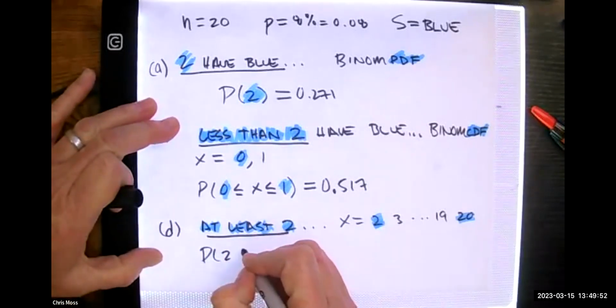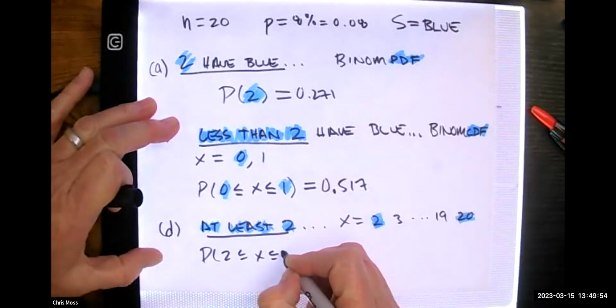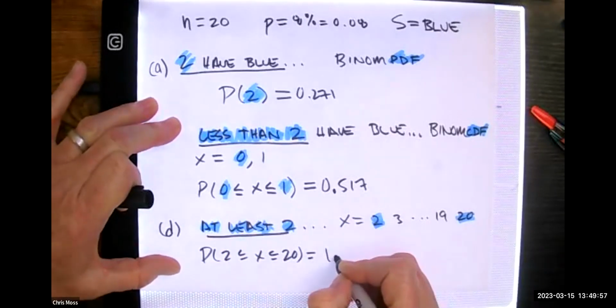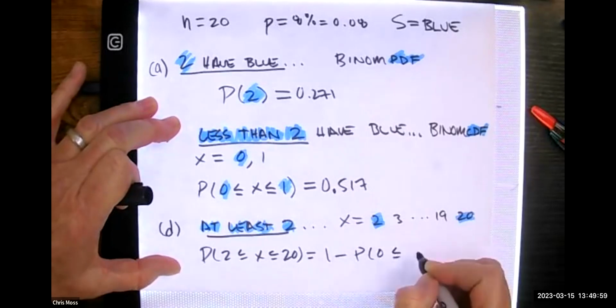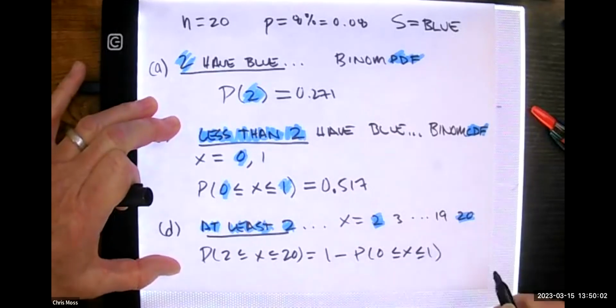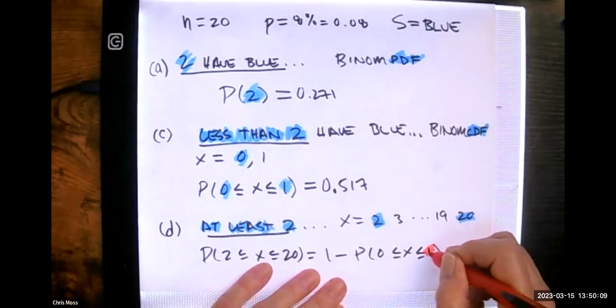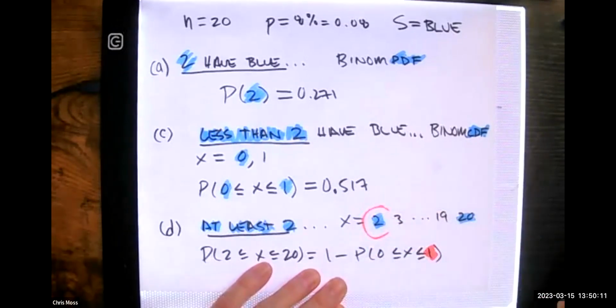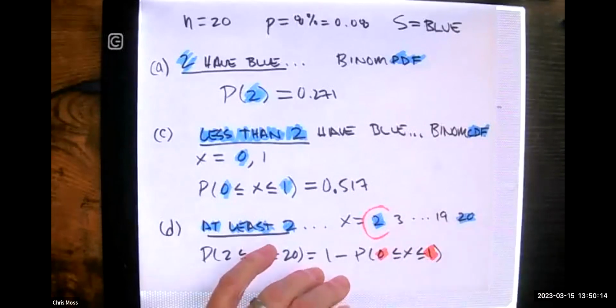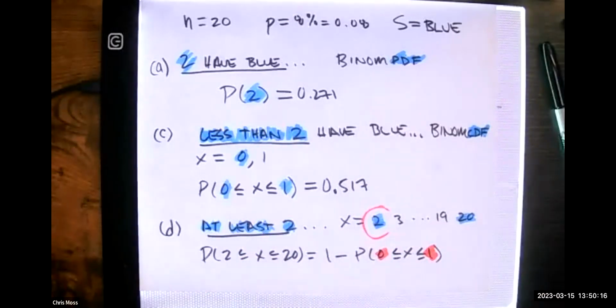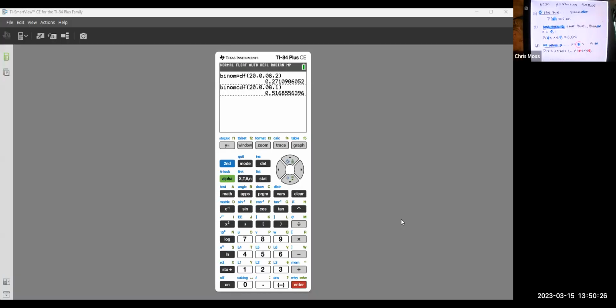So the probability that X is somewhere between 2 and 20 inclusive is 1 minus the probability X is between 0 and 1. And you'll notice that with the complement, we've got to stop that 1 before the x's begin. So this time we need the 1 minus. And there we go.